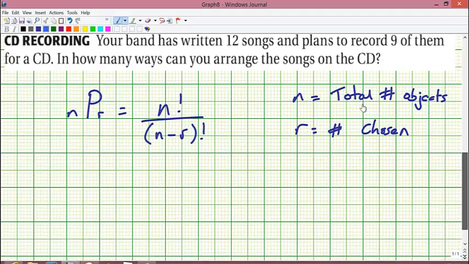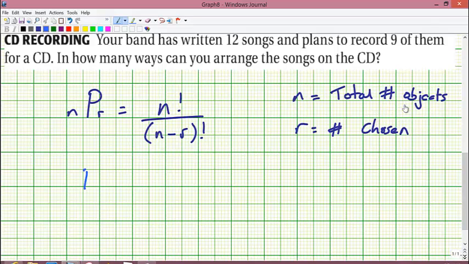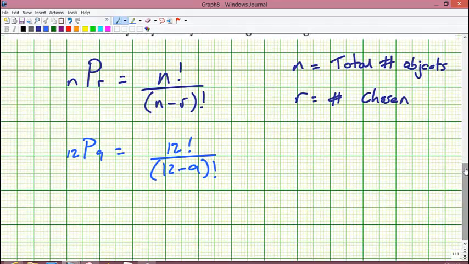P stands for permutation. So our permutation would be, we've got 12, and we are choosing 9. And so that would be 12 factorial divided by (12 minus 9) factorial. We can simplify that, so that gives us 12 factorial divided by 3 factorial.